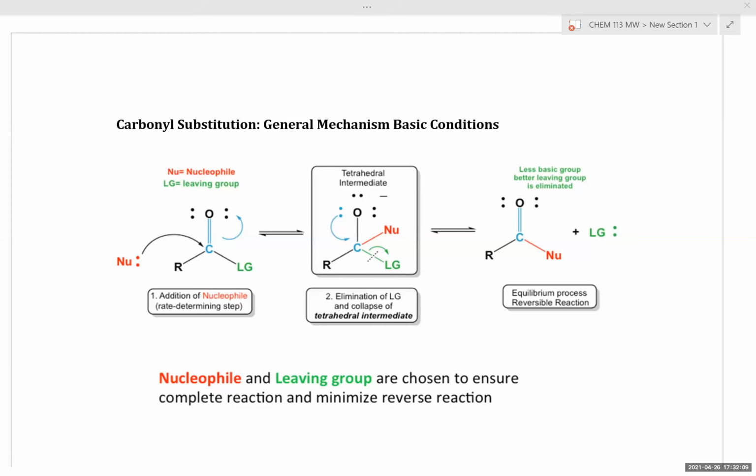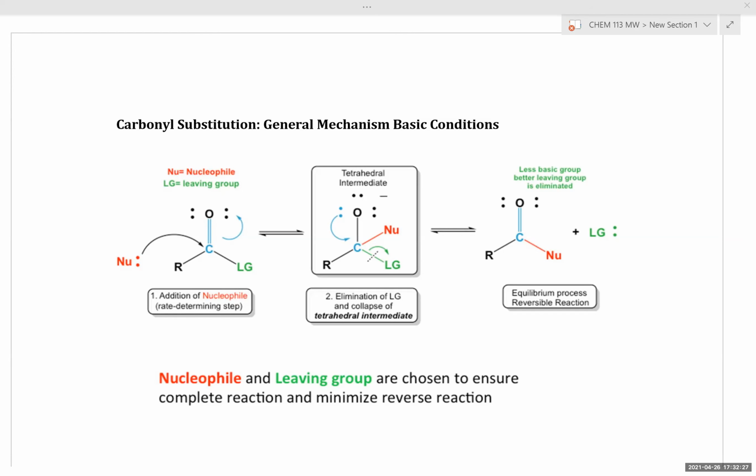So last class session, we discussed carbonyl substitution reactions and the relative reactivity and naming conventions of different acyl groups and carboxylic acid derivatives.